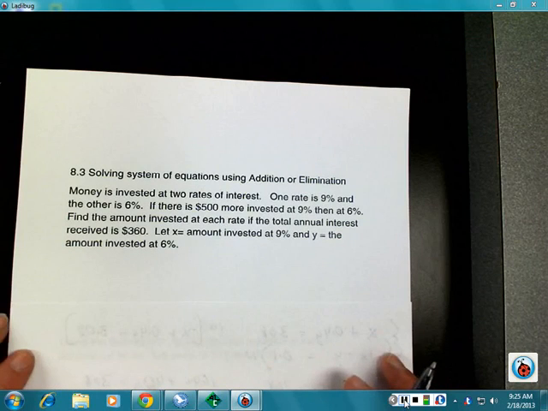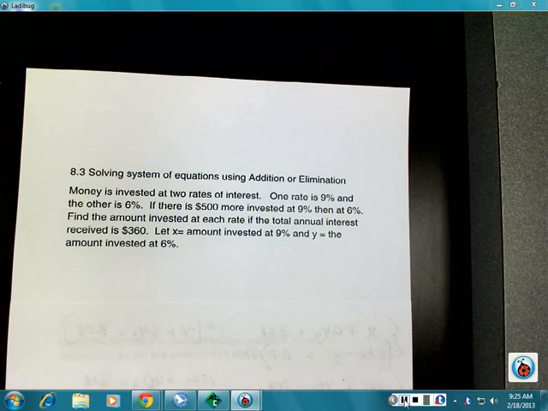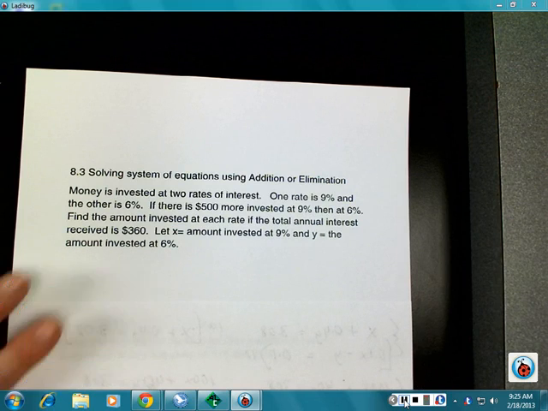One rate is 9% and the other is 6%. If there is $500 more invested in the 9% than at the 6%, find the amount invested at each rate if the total annual interest received is $360. Let X equal the amount invested at 9 and Y the amount invested at 6. Yikes. Okay, let's see what we can do with this thing.